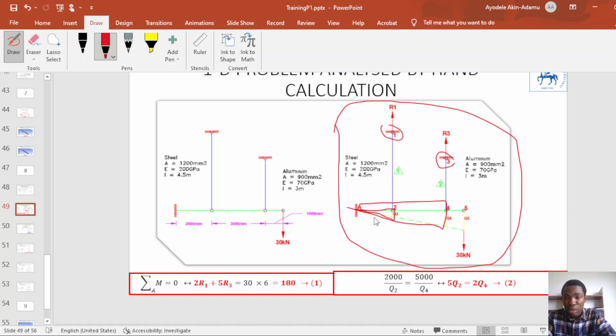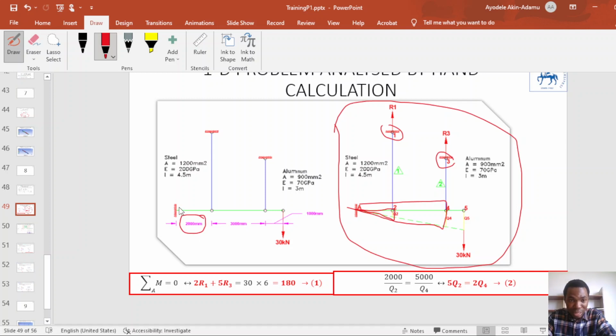So these two triangles are similar. Pardon my drawing. These two triangles are similar triangles. So for the first triangle, we can say the distance between node A and node 2, we know that as 2000 mm.